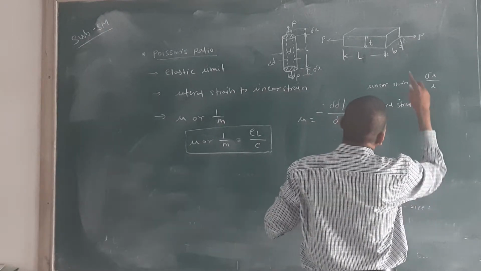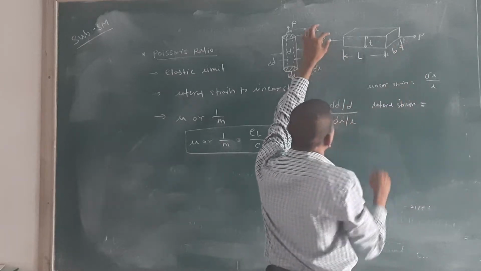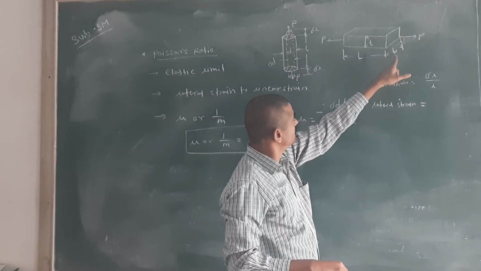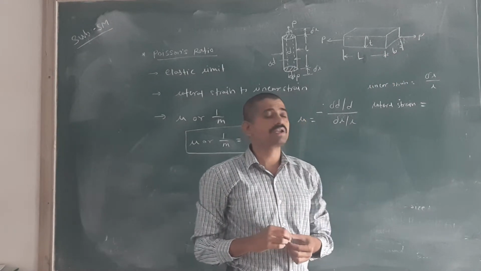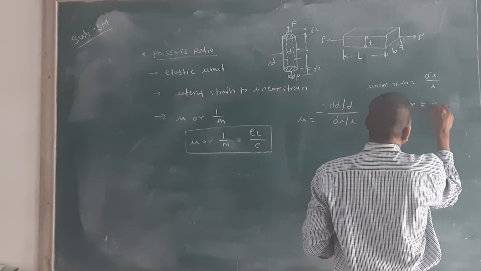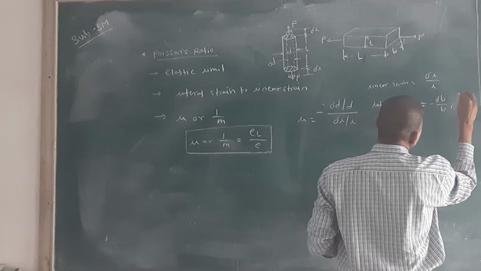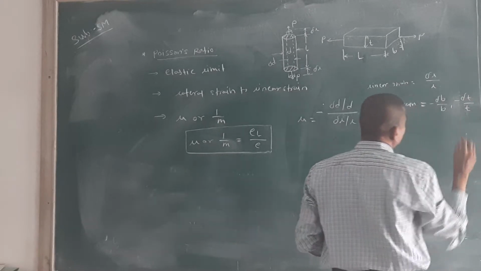It is denoted by EL. Here there are two dimensions. When you apply the force in the longitudinal direction, then B and T will be reduced. Then we get minus delta B divided by original B, or minus delta T divided by T.